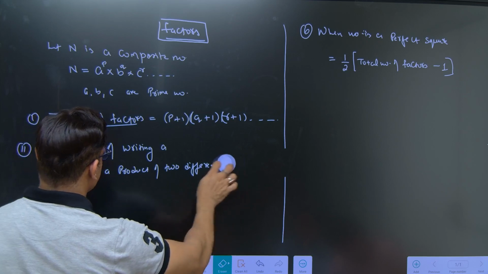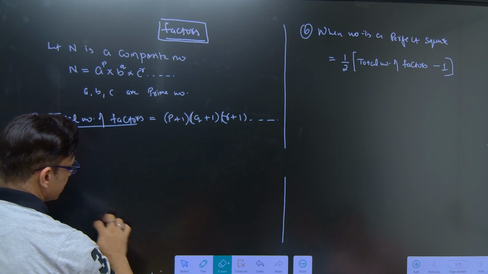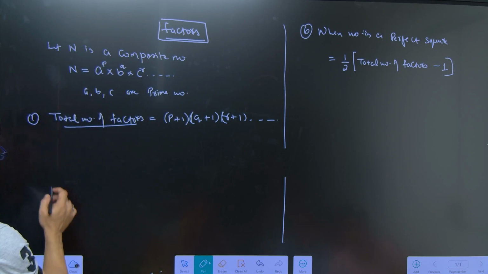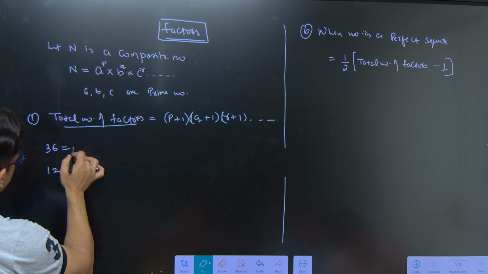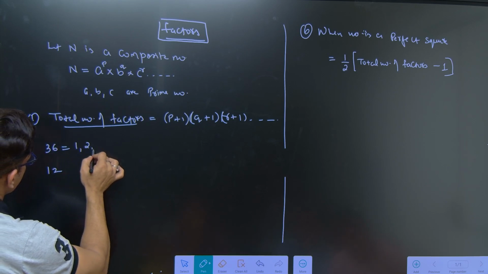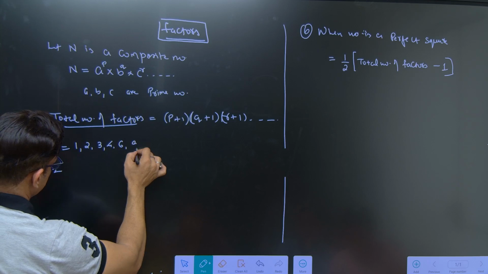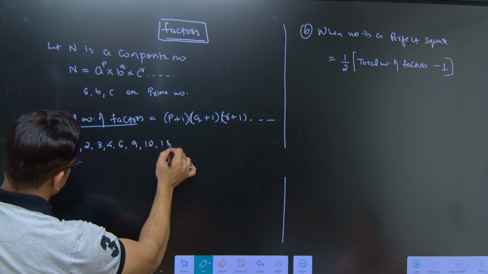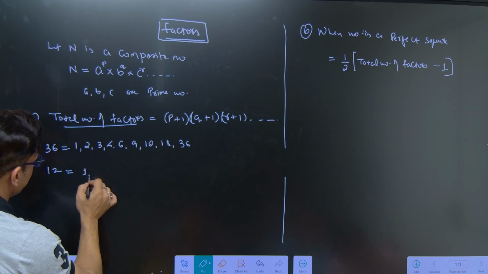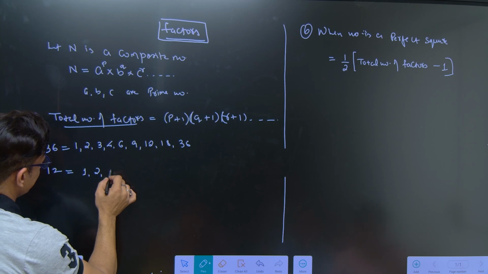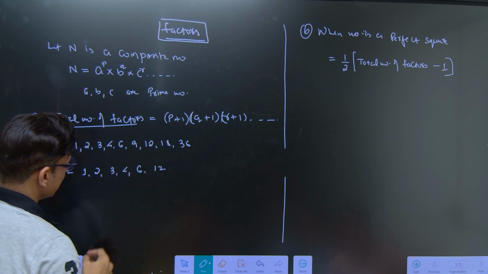Now again, let's take two numbers, 36 and 12. Factors of 36 are 1, 2, 3, 4, 6, 9, 12, 18 and 36. Factors of 12 are 1, 2, 3, 4, 6 and 12, right?